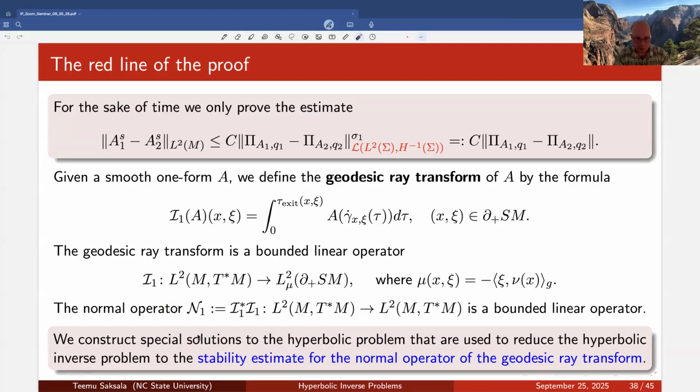So really what we need to do is to construct some special solutions which look like GO solutions, and then use them with some integral identity to reduce this problem to the stable inversion of this X-ray transform, which is known on simple manifolds, and also in some cases on these hyperbolic trap manifolds. And that's the idea. So the difference really is that we reduce this problem not to distance functions, but to this problem on the X-ray transform.